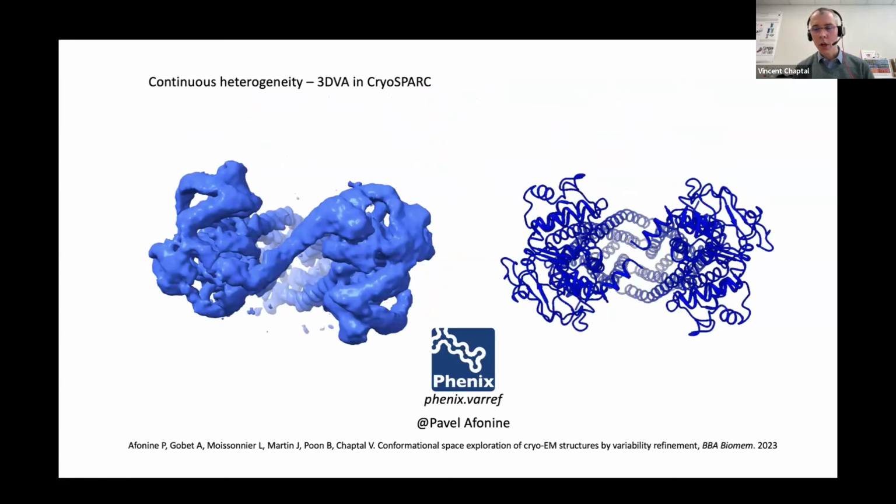What's important here is that we feed to Phoenix the high resolution PDB file that we refined against the high resolution consensus map, and then we look at the variation using 3DVA.